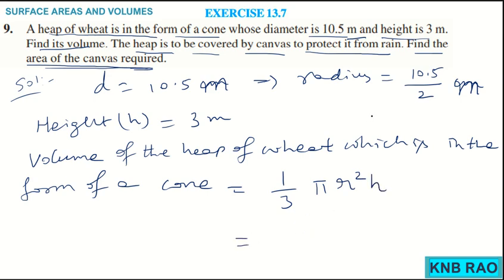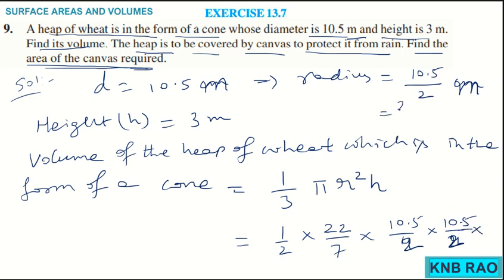So, here radius we know, we will substitute that: 1/3 into 22/7 into 10.5 by 2 into 10.5 by 2. Sorry, if I would have taken it by 4, it would have been written as 21 by 4.